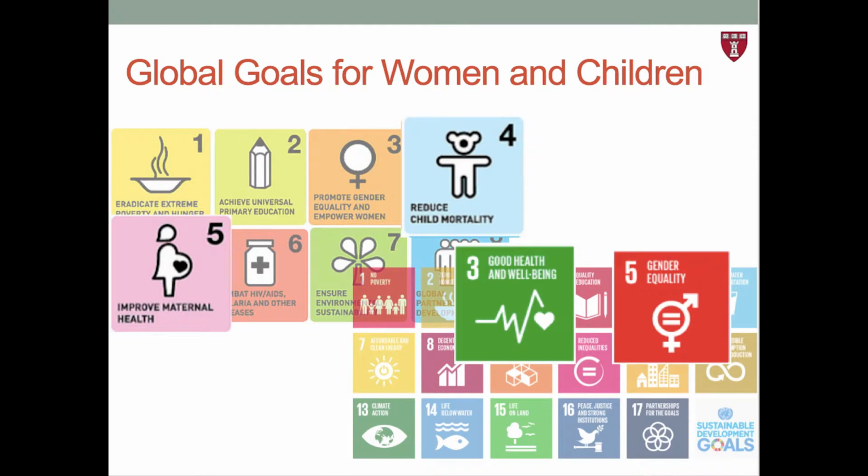And these are known as the Sustainable Development Goals. The global goals are discussed in more detail in Module 2. The goals and their rationale underscore the ways that gender influences health, including oral health. So let's think about some examples. So for example, access to nutrition, education, and family services can vary depending on gender.